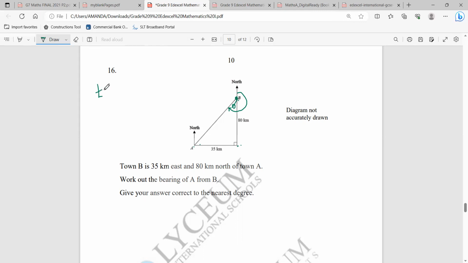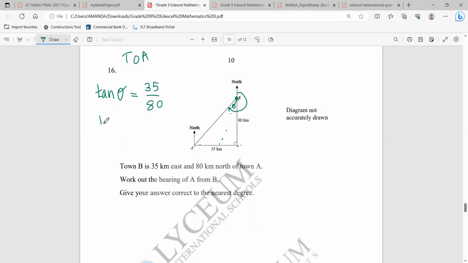So tan theta equals, SOHCAHTOA, opposite divided by the adjacent. Opposite is 35. Look at this triangle, this is the opposite side. 35 divided by 80.